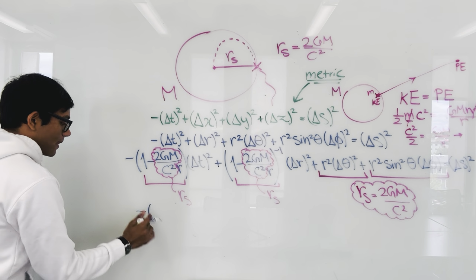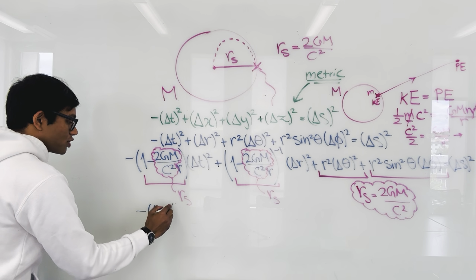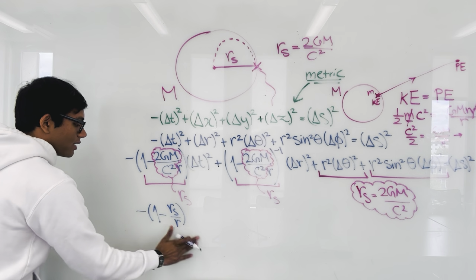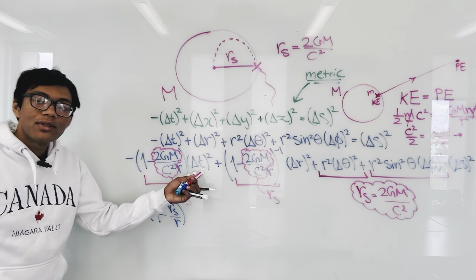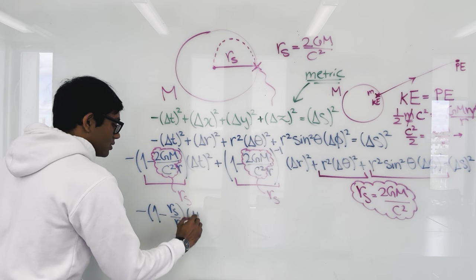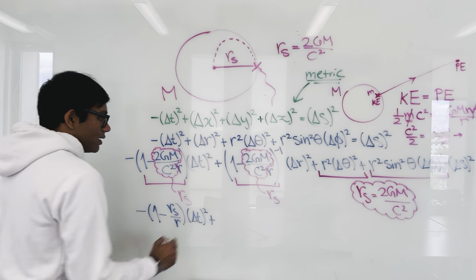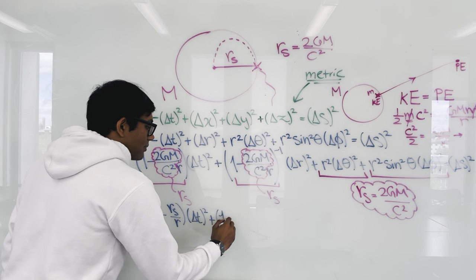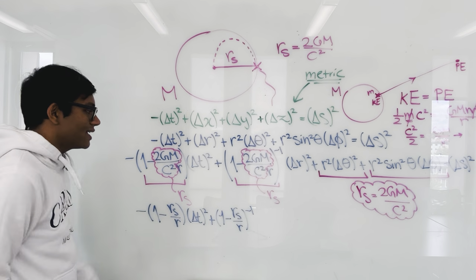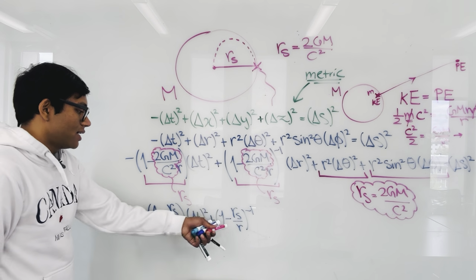Minus (1 minus the Schwarzschild radius divided by r, how far away are you from the black hole?) That's going to tell you how slowly time ticks on your watch, delta t squared, plus (1 minus r_s divided by r) to the negative 1. So this is the reciprocal of this expression.